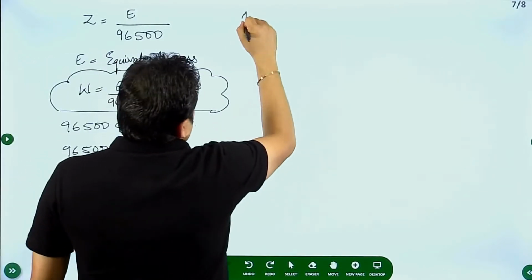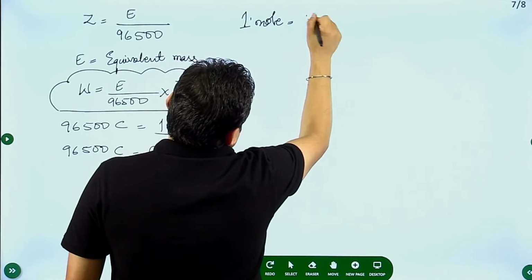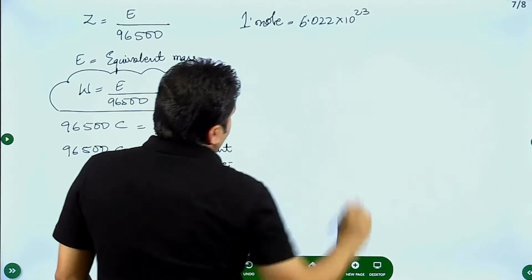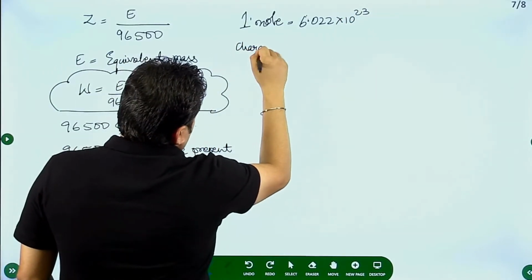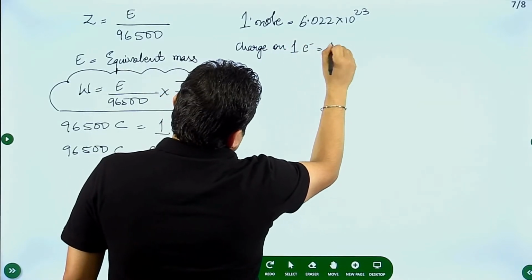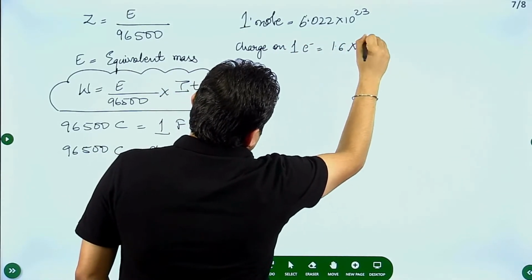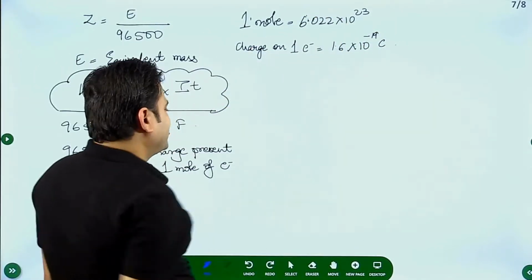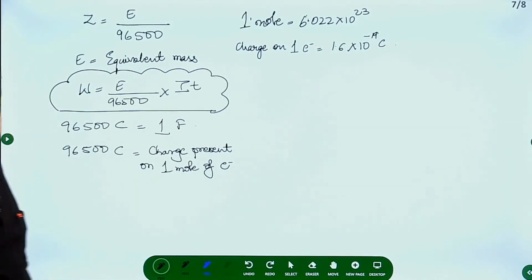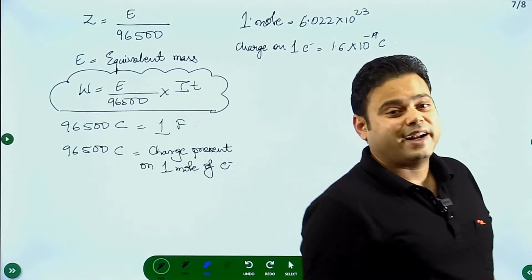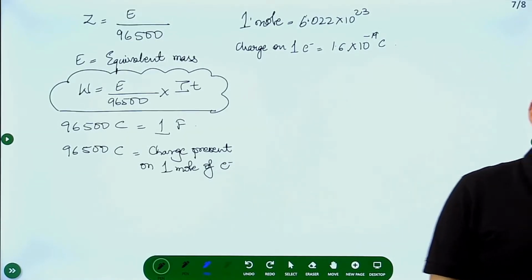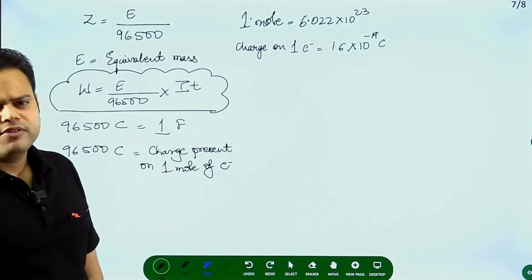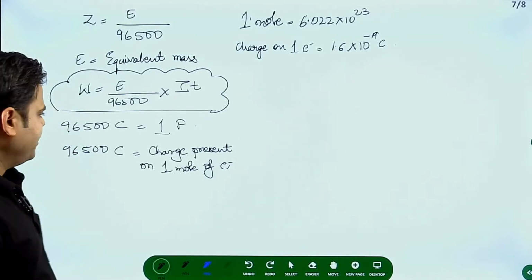We all know that 1 mole is equal to 6.022 into 10 raised to 23, and the charge on 1 electron is 1.6 into 10 raised to minus 19 coulombs. So the charge on 1 mole, when you multiply these two factors, is 96,500 coulombs, which is equal to 1 Faraday, the amount of charge carried by 1 mole of electrons.